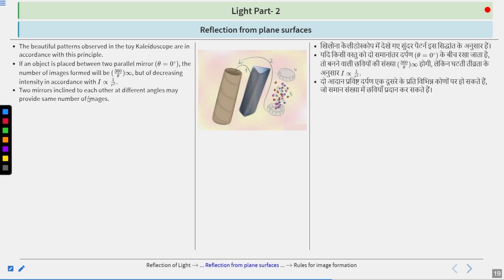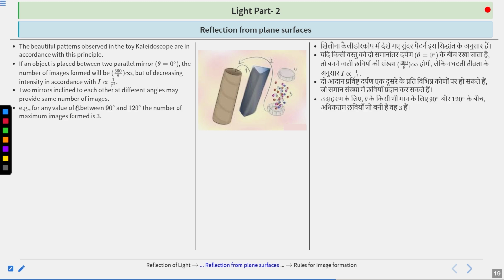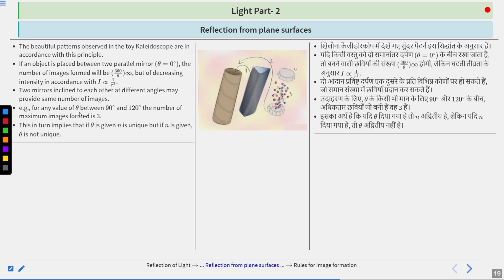Two mirrors inclined to each other at different angles may provide the same number of images. For example, for any value of theta between 90° and 120°, the number of maximum images formed is 3. This in turn implies that if theta is given, n is unique, but if n is given, theta is not unique.